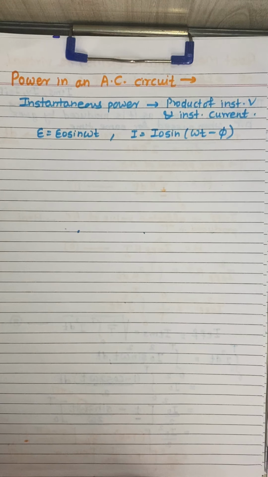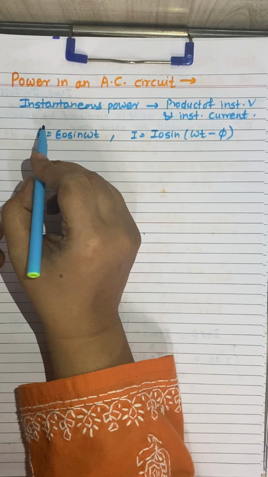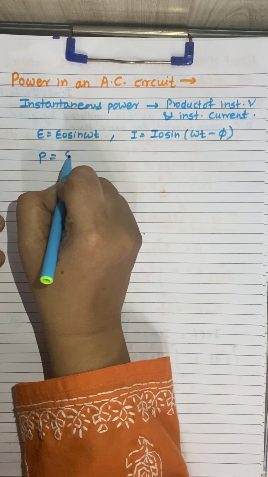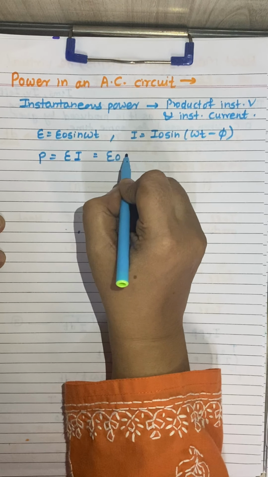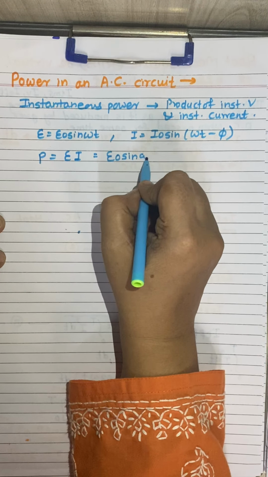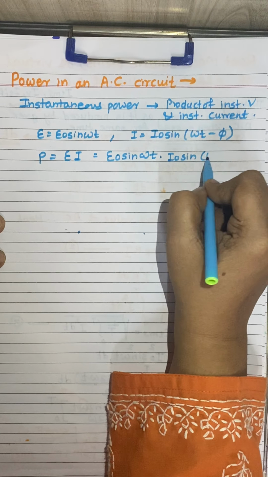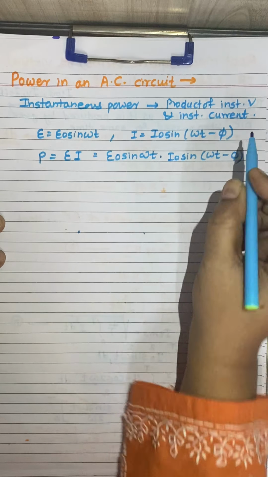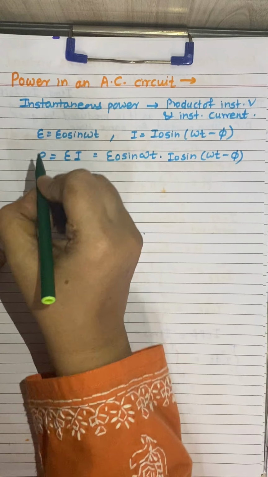Now we are going to understand what is meant by the instantaneous power. For that I will write down the power formula: P is equal to E into I. I will convert this formula by using these values: E naught sine omega t into I naught sine omega t minus phi. Now we calculate this total.